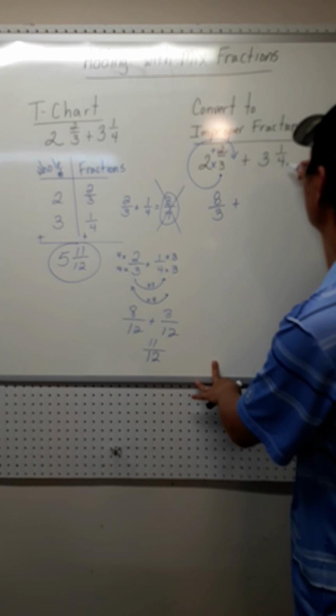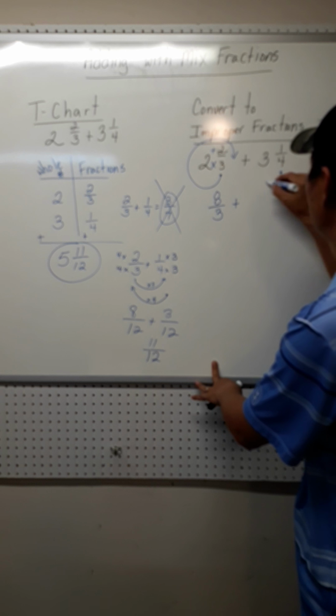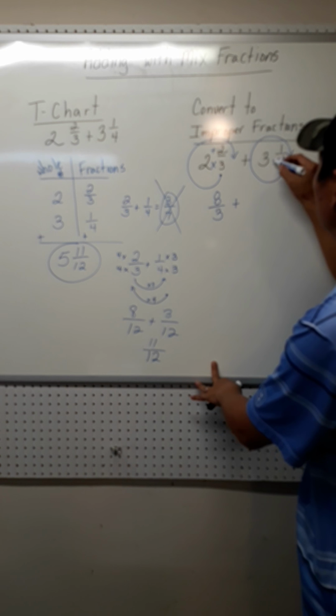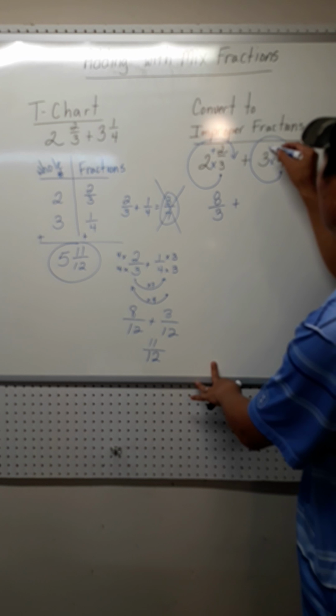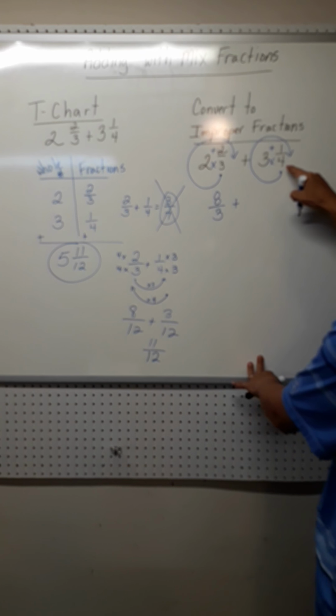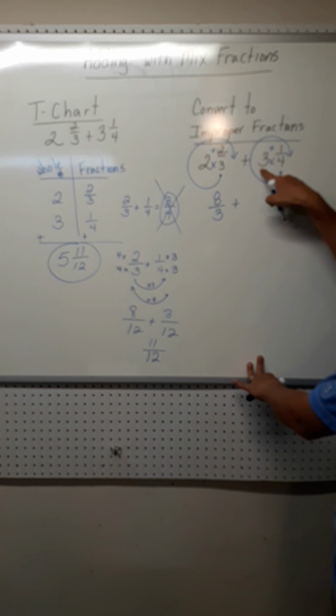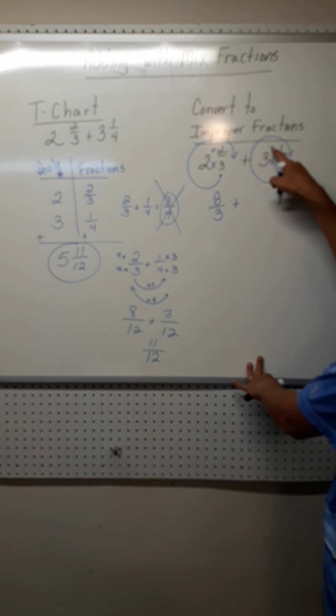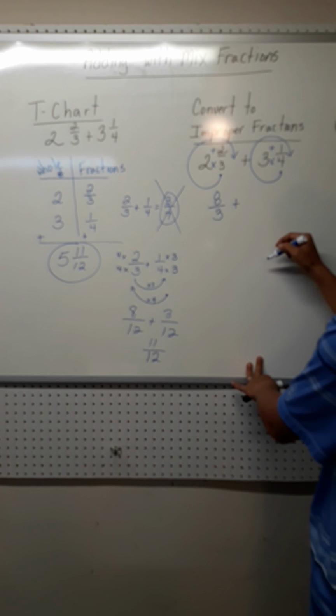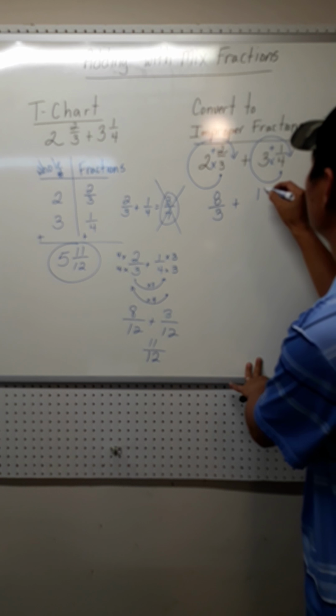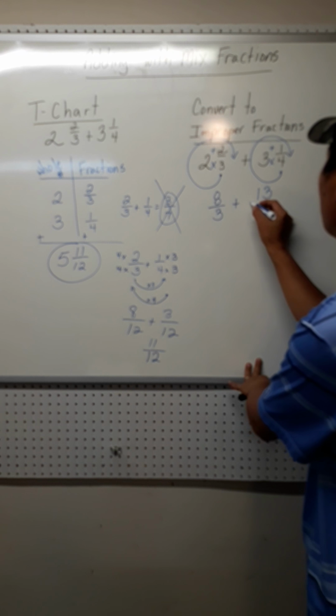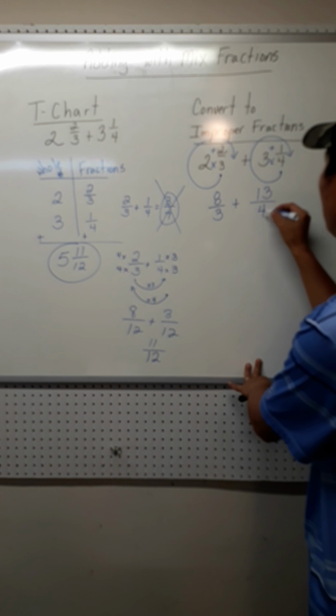Plus, now I do the same thing over here through my clock, multiplication, addition. 4 times the 3 is 12, 12 plus the 1 is 13 over 4.